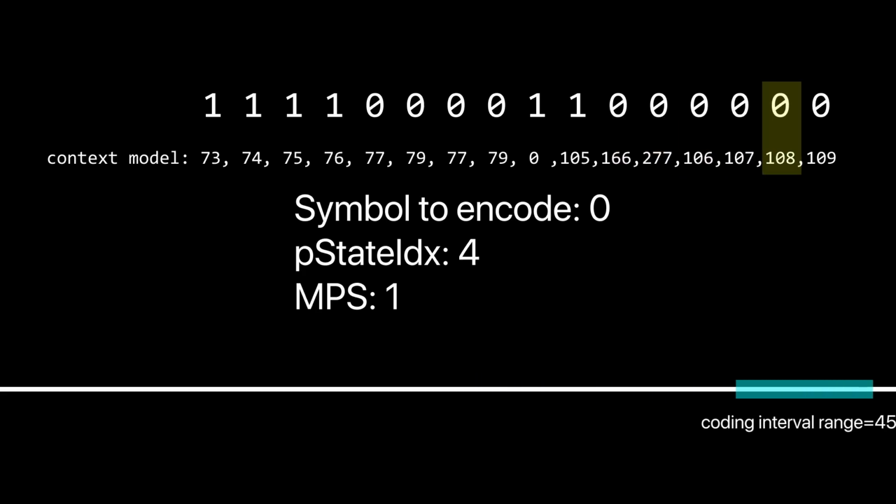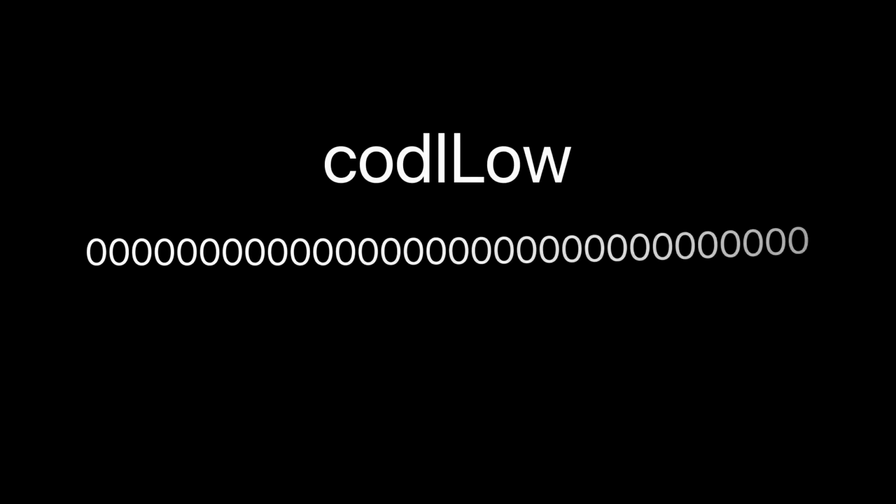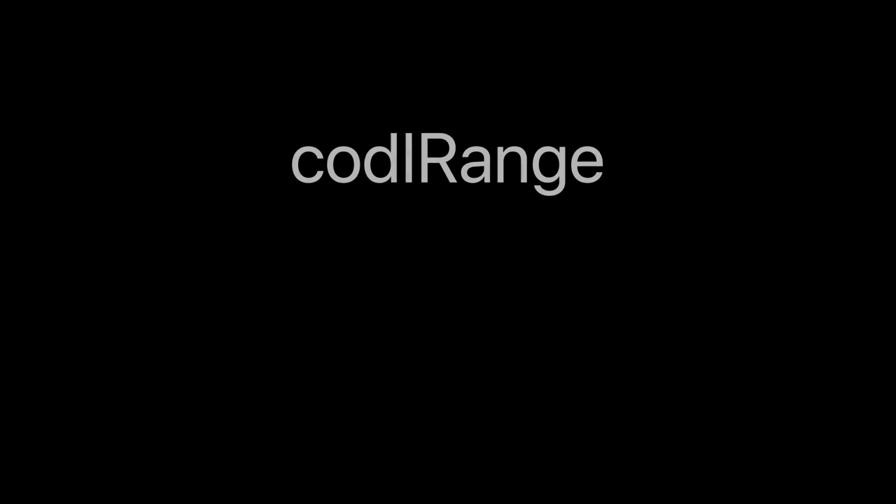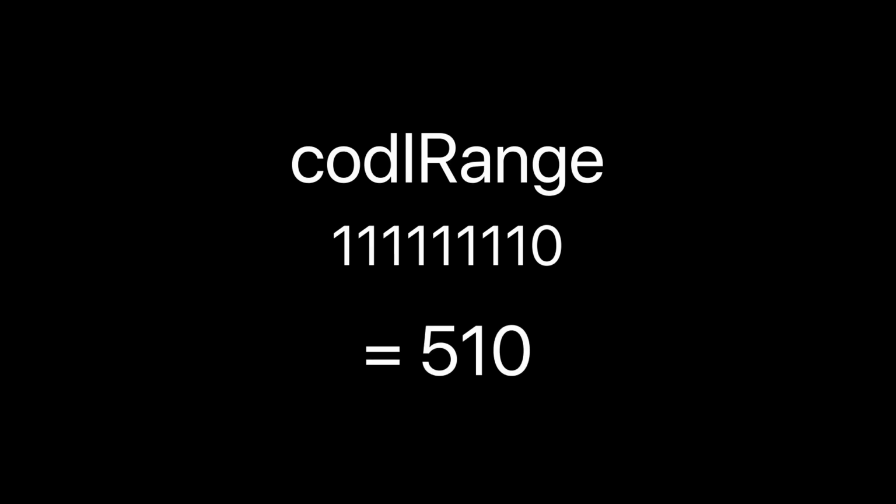We will initialize two more variables, CodeILow and CodeIRange. CodeILow, a 32-bit integer representing the minimum of the coding interval, is initialized as 0. CodeIRange, a 9-bit integer representing the range of the coding interval, is initialized as 510.